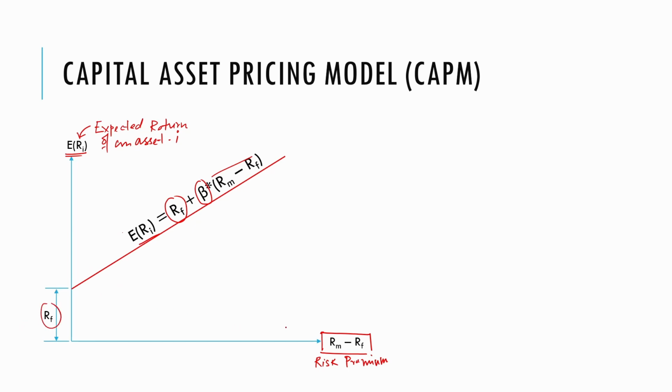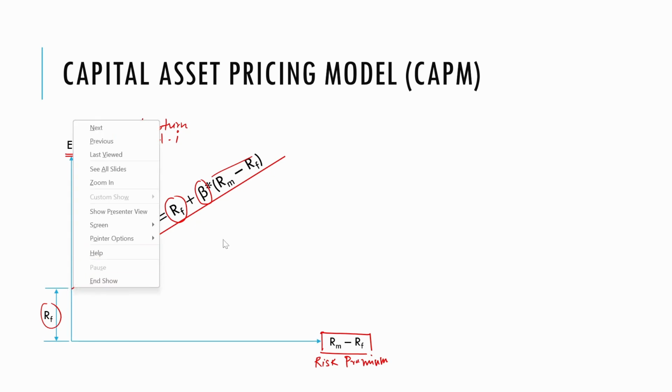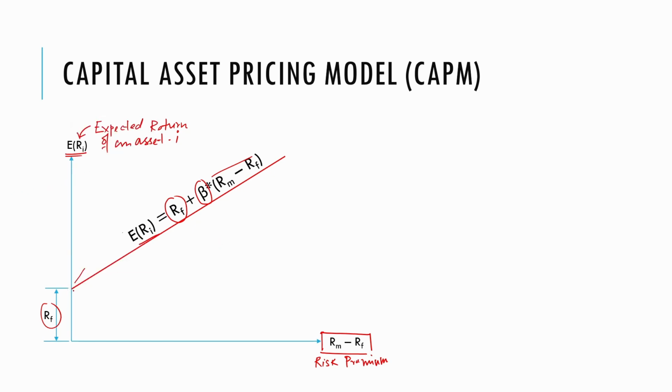And if you increase the risk premium, if you increase the beta value, then that means you are moving through this straight line, and for any non-zero beta you will have a particular straight line like this. So for a high beta value, this straight line will be like this, and for low beta value this will be like this. So this can be easily understood using this diagram.